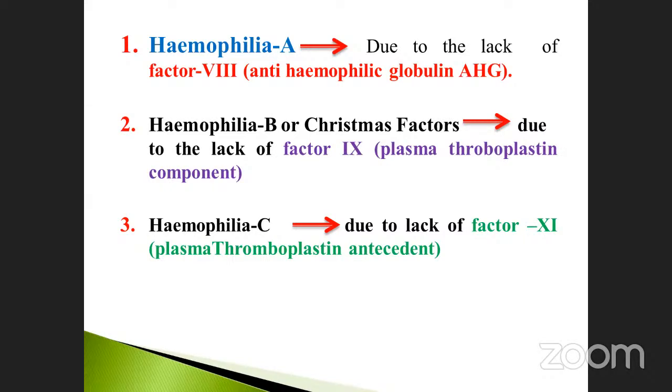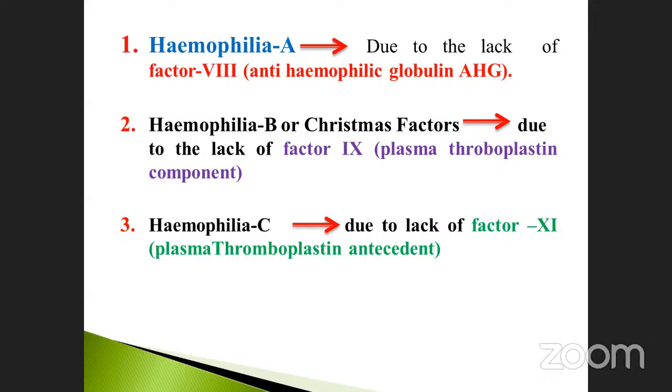Another one is hemophilia B, or Christmas disease, due to the lack of the 9th factor, plasma thromboplastin component. The particular gene will not produce the Christmas factor, and that type of disease is called hemophilia B. Hemophilia C means what?